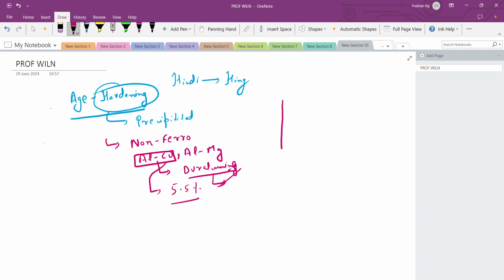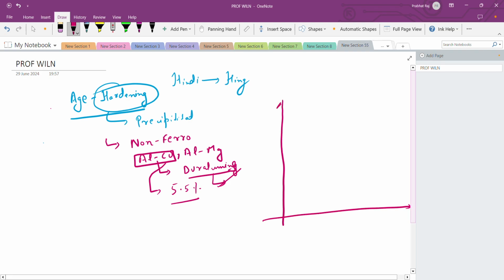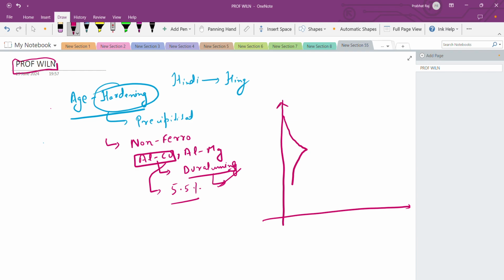Okay, so why has this name Professor Wilm been kept? Because this phenomenon was observed by the great Professor Wilm, who was from the European nations. I don't know exactly where he was from.